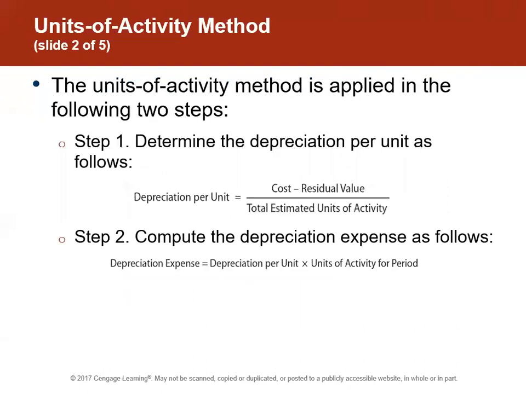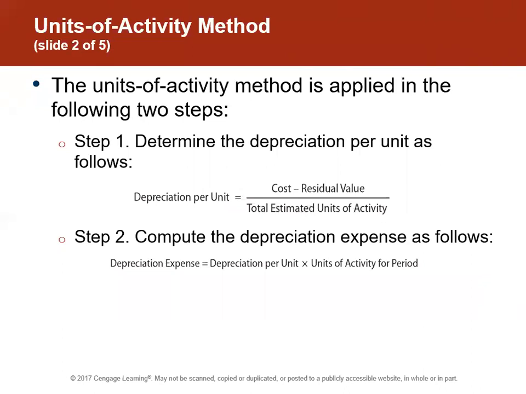The first thing we calculate, it's actually a two-stepper, but it's still pretty easy. It's pretty similar to straight line, really. The first step is you calculate what we call depreciation per unit. Instead of how many years it's going to last, we look at its expected life in units of output. So we think this piece of machinery over its life can produce 50,000 pens or whatever it's doing.